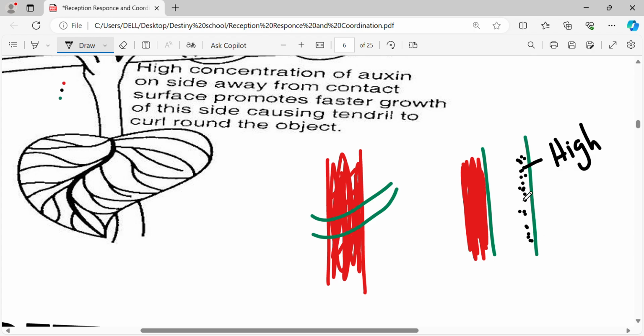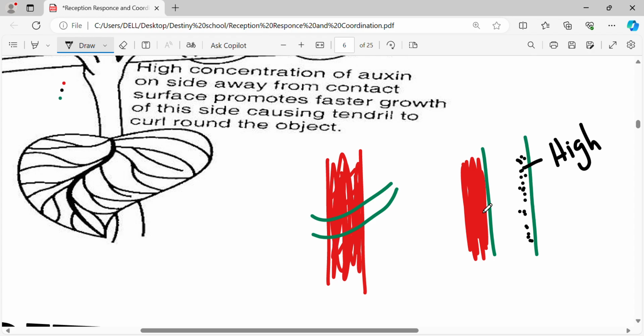After they have migrated away from contact, the tendrils or their stems just behave like the shoots. High concentration of auxins in these tendrils promotes faster growth rate.